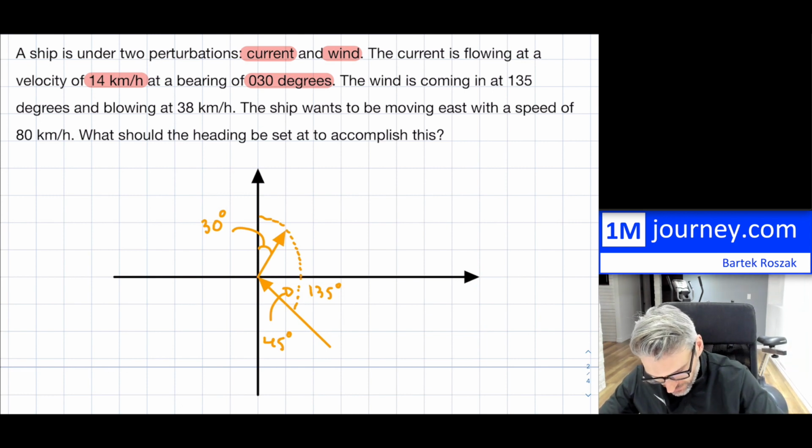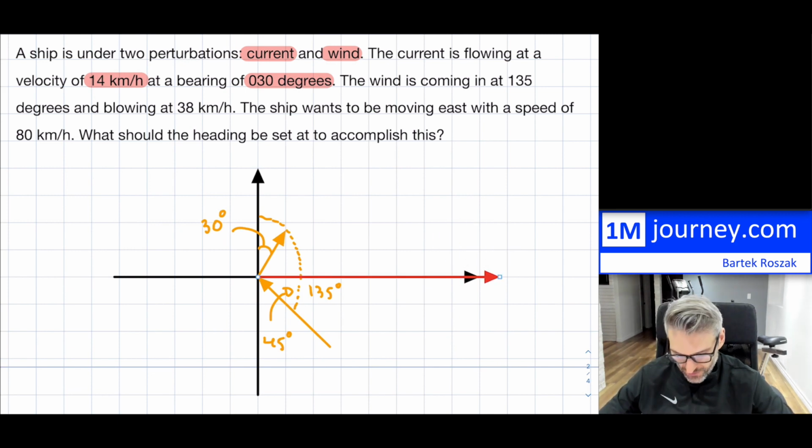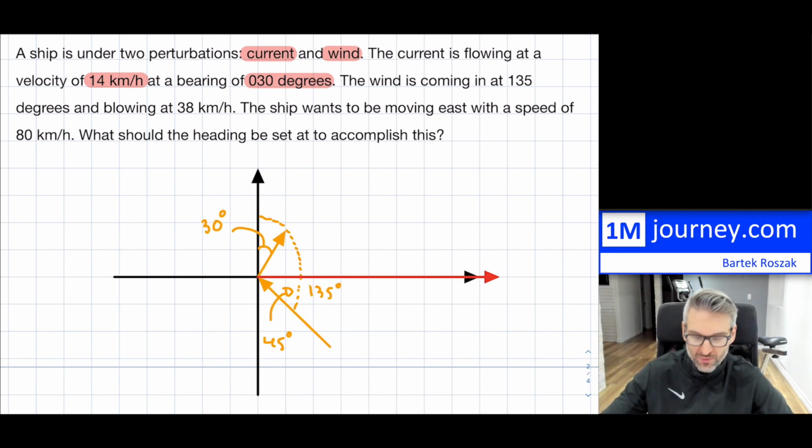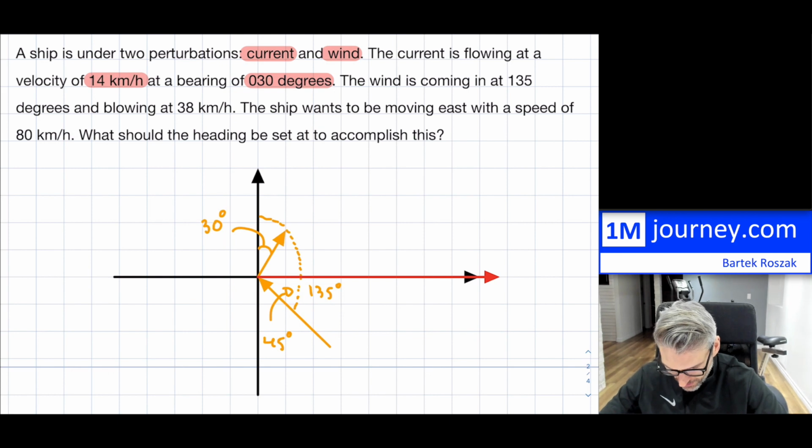Let me redraw this as an arrow. So let's say it's something of this nature, right? So that is east. Now I can remove all of this junk in terms of the Cartesian x and y axes, but I'll just keep it for the moment.